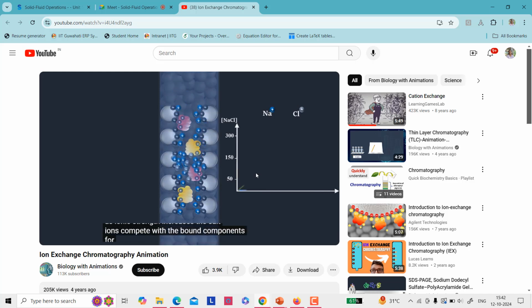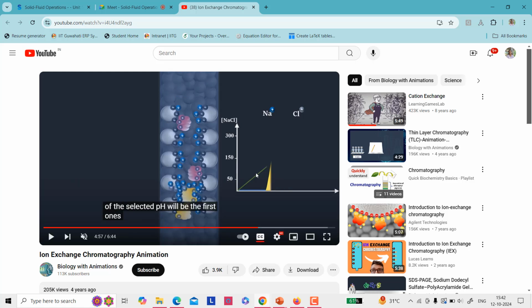The protein with the lowest net charge at the selected pH will be the first one eluted from the column as ionic strength increases. Similarly, the proteins with the highest charge will be more strongly retained and will be the last ones.